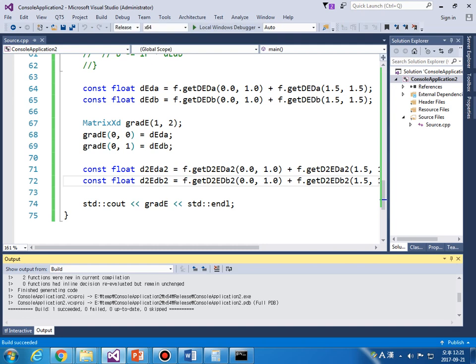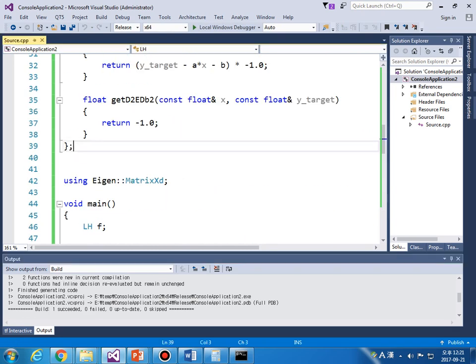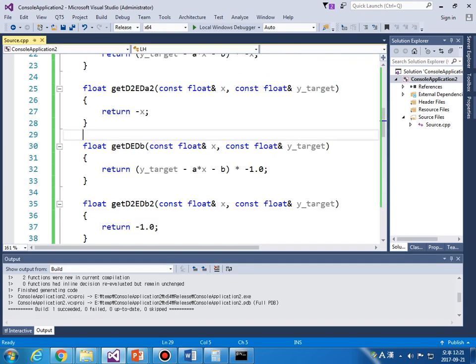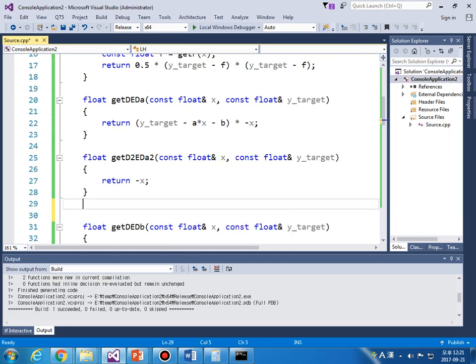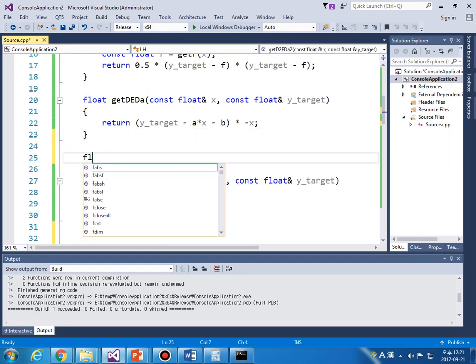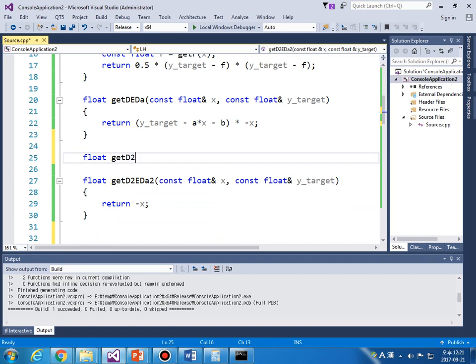Okay, and we also need float get D2E DAB, right?